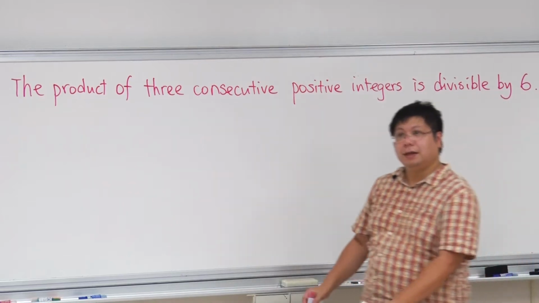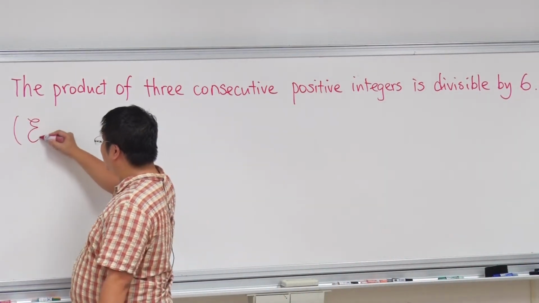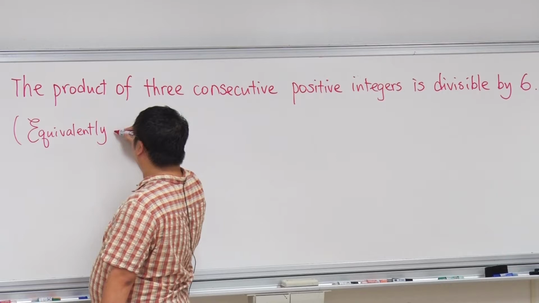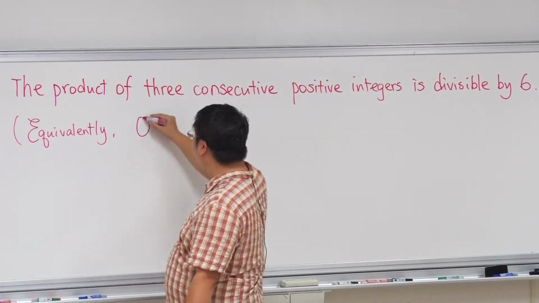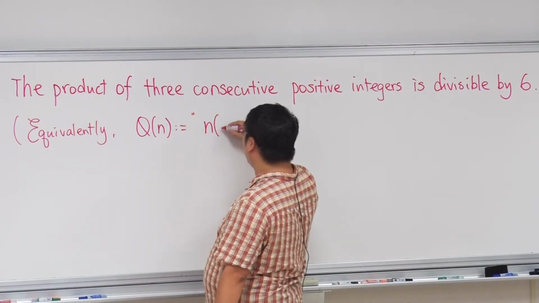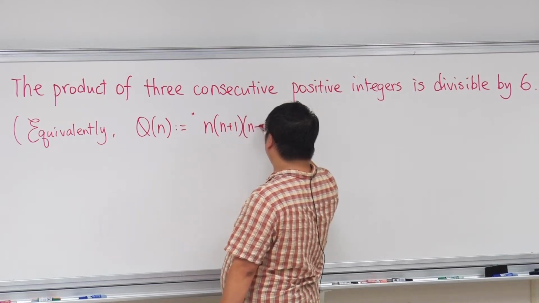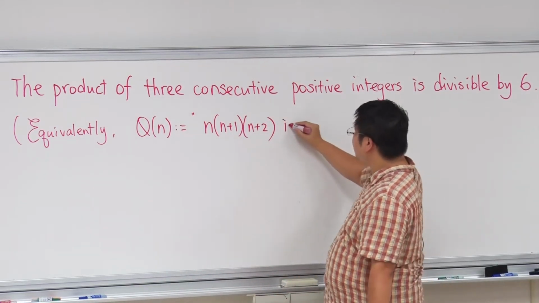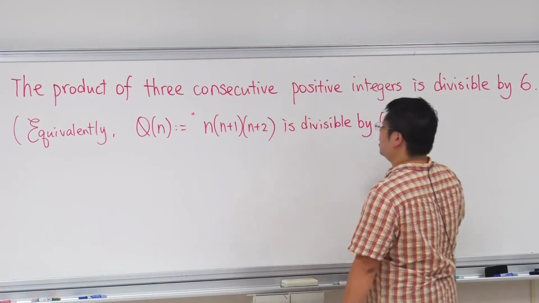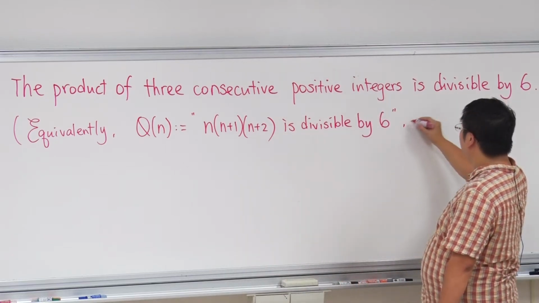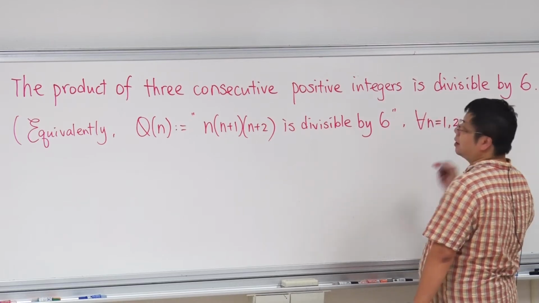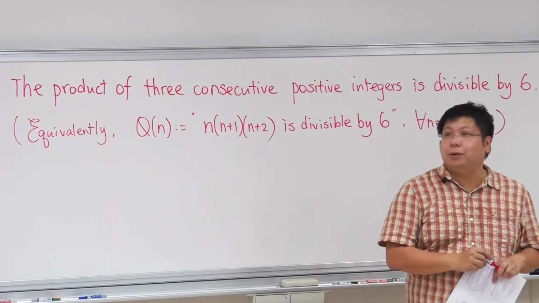So we want to show this. Equivalently, we are looking at a certain proposition, let's say Qn, which says n times n plus 1 times n plus 2 is divisible by 6 for every n equal to 1, 2, 3, up to infinity. Is that okay? So we are trying to show Qn to be correct.